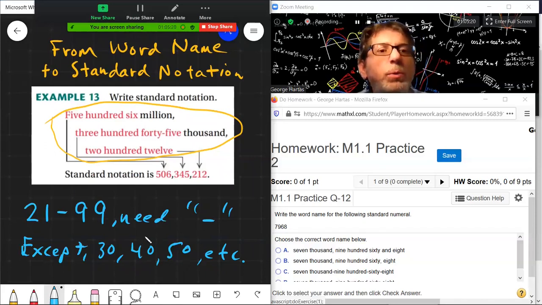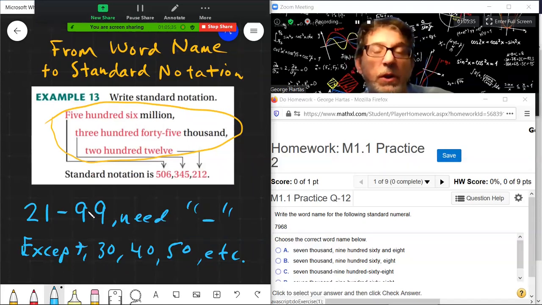But any numbers between 21 and 99 that are not a multiple of 10, because these are single words, you need a dash.